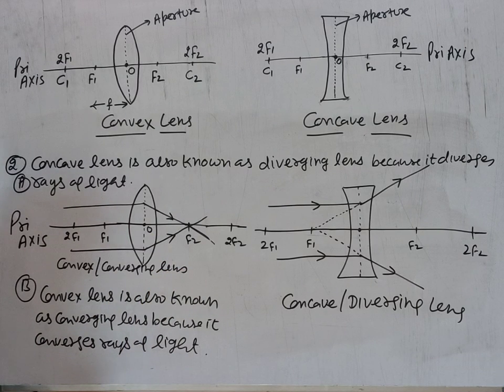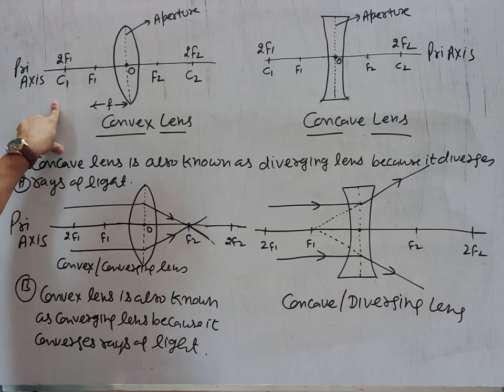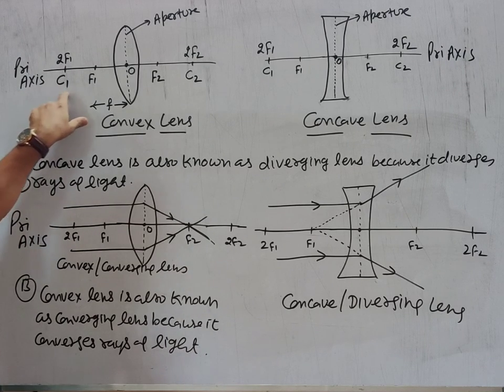Thus we have studied various terms: center of curvature, center of the hollow sphere of which lens is a part, radius of curvature, radius of the hollow sphere of which lens is a part. There are two centers of curvature.